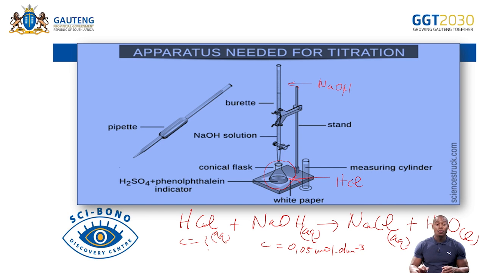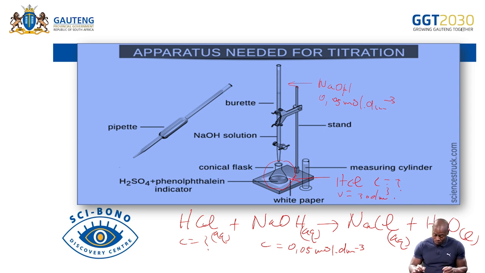You will know the volume in the Erlenmeyer flask. Let's say the volume here is 30 cubic decimeters, but you don't know the concentration. For the standard solution in the burette, we know the concentration, 0.015 mole per cubic decimeter.